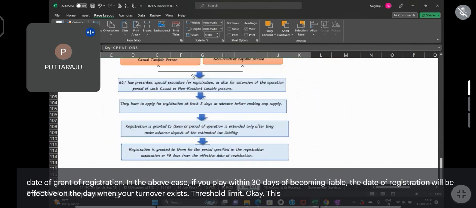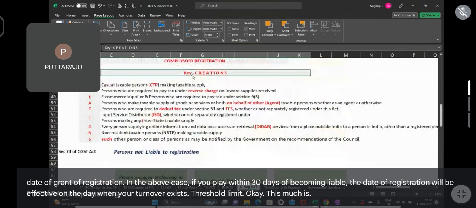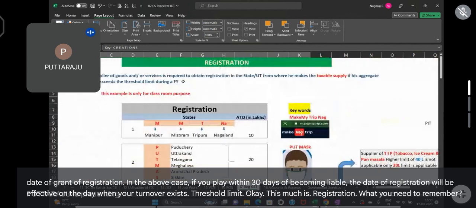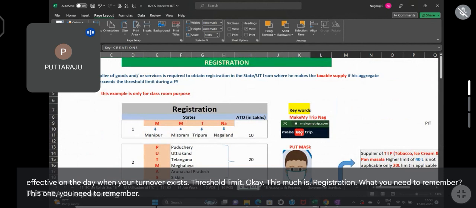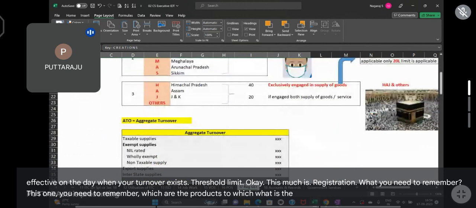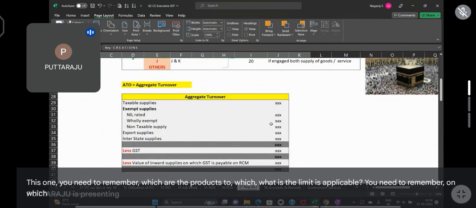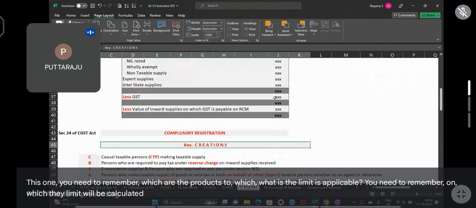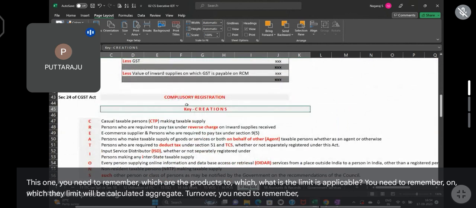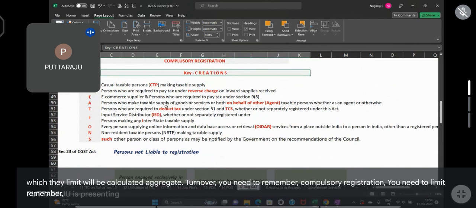This much is registration. What you need to remember: which are the products to which the limit is applicable, on which the limit will be calculated, aggregate turnover, and compulsory registration, who are all the persons required to get compulsorily registered.